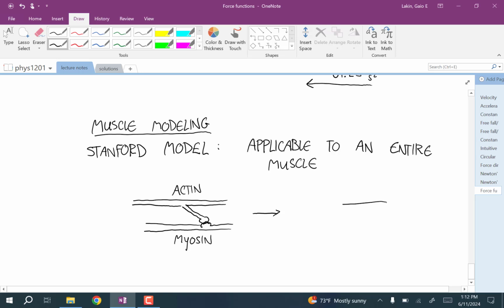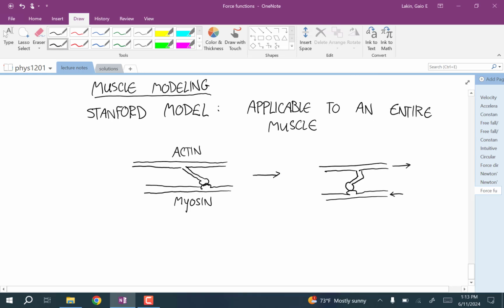The actin changes its shape and pulls the fiber. You can see that this actin fiber is moving to the right relative to the myosin. Okay, so that's what happens microscopically when a muscle fiber contracts.